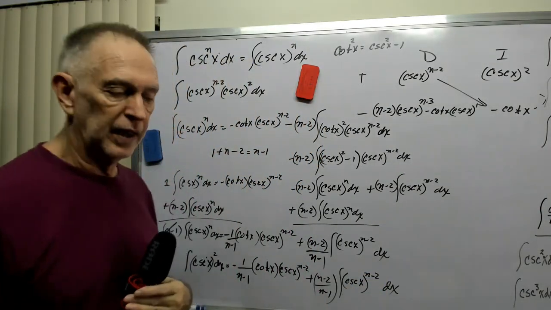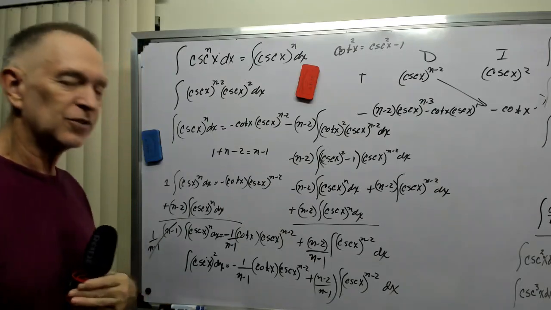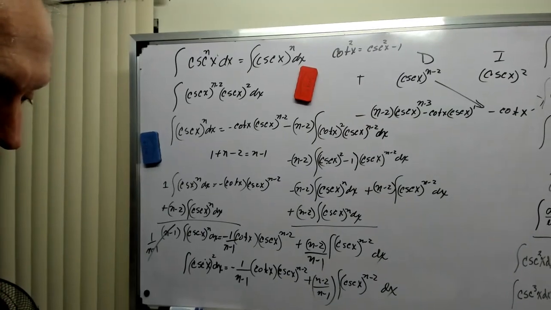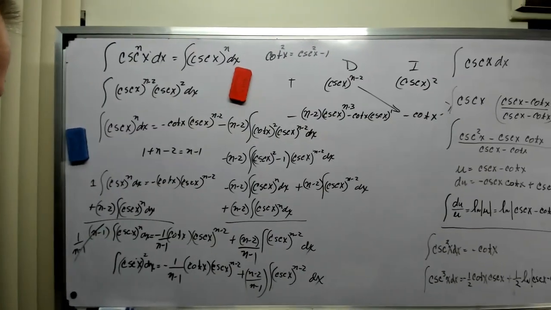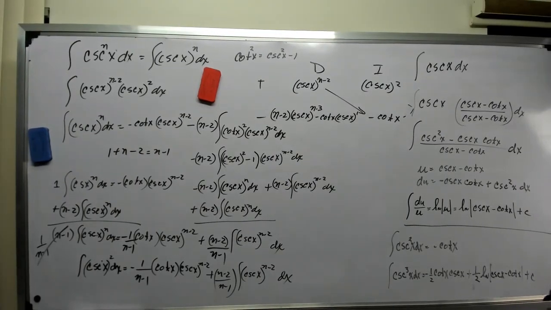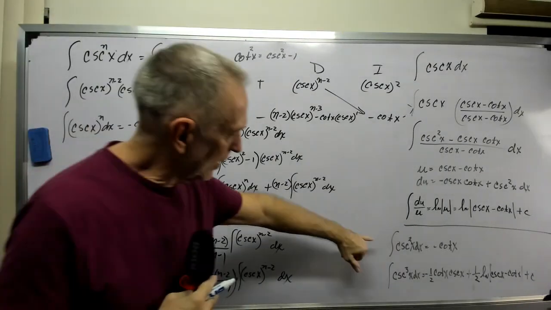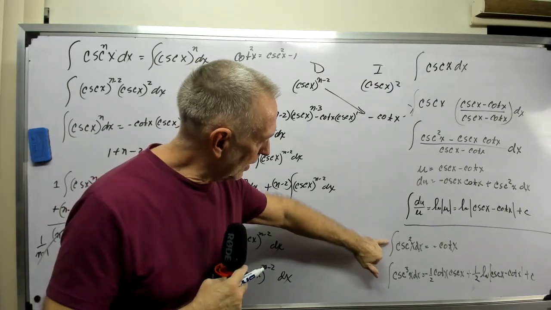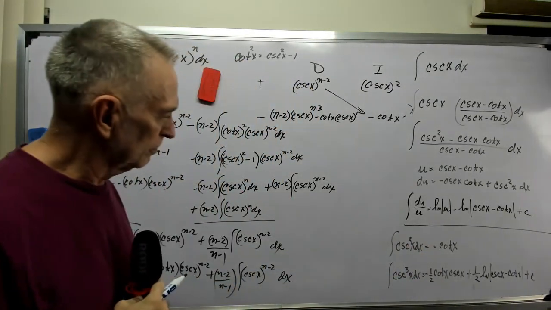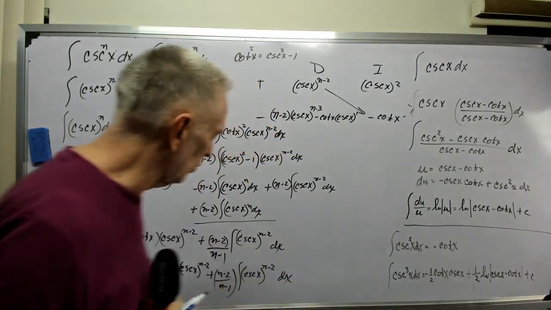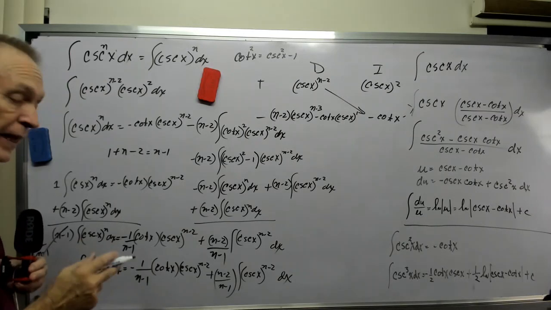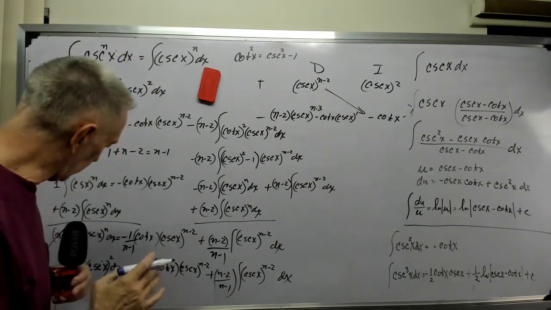Now you may be thinking, well, I don't know if that's correct or not. All right, I'm going to pan this around. Okay, now you can see here at the bottom the integral of cosecant squared x is minus cotangent x. And we'll get to cosecant cubed in just a moment. Okay, so if I let n equal 2, now I'm off the screen, but that's okay.